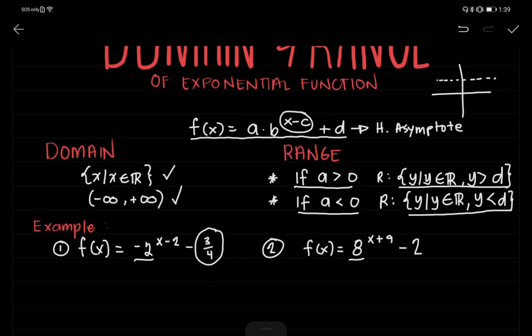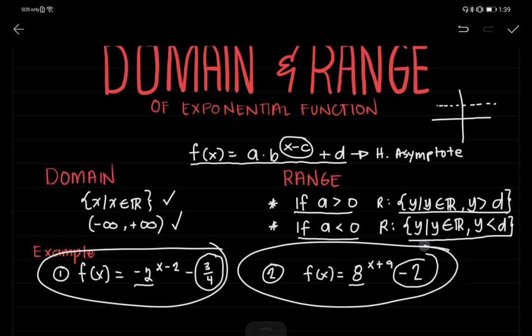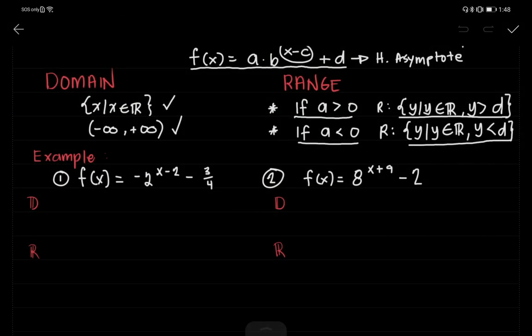Ito namang negative 2, this is also our horizontal asymptote. So, yun po yung brief background on how to find the domain and the range. So, later on, sa next example natin, hanapin natin yung domain and the range nitong dalawang ito.